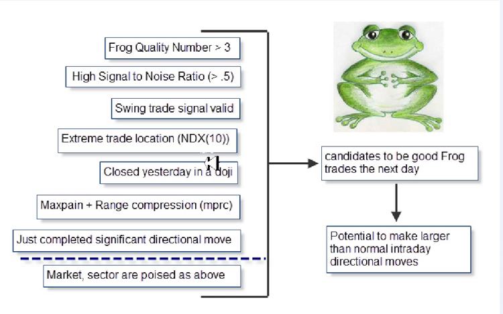So if you have identified individual trade symbols that meet one or more of these patterns, and ideally the more the better, if it turns out that that stock or that ETF is part of a sector and the sector itself also meets these categories, and more importantly, if the market itself also has one or more of these characteristics, then what you have is the synergy between symbol, sector, and market, and you've really got a coiled spring, and now the probability of a short-term large directional move is enhanced.